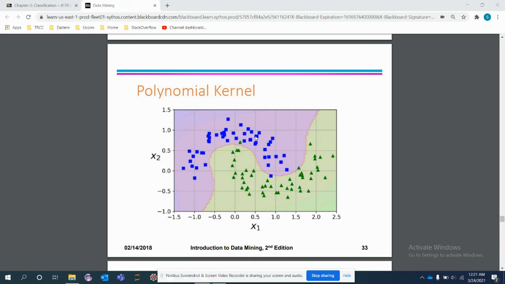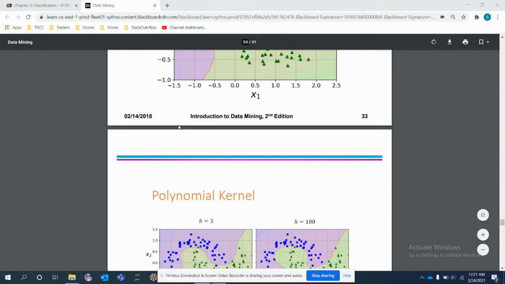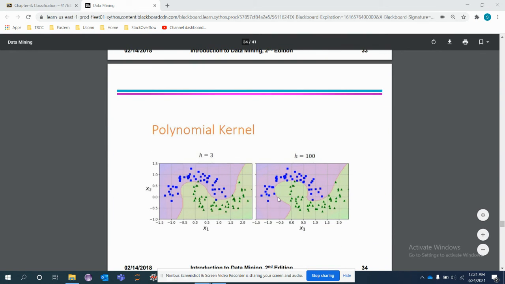In this polynomial kernel example, you can see how the hyperplane distribution is provided and how effectively it is able to classify the data. But there are certain points in this region which are misclassified, and they can become outliers for some reason here. There are different ways of adjusting or balancing the degree to get a more efficient analysis.